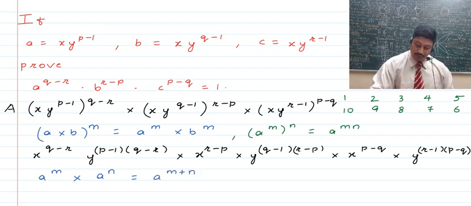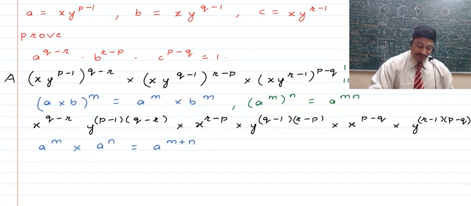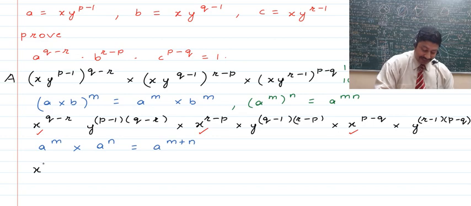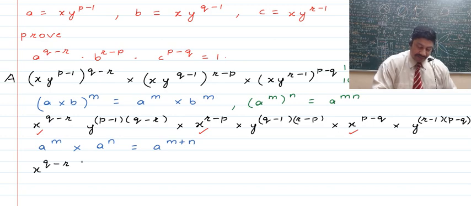So we will talk about the multiplication of all of these terms which are x raised to some power, and as they are in multiplication we will keep the base the same and we will add the indices, that is q minus r, similarly r minus p, and similarly p minus q.